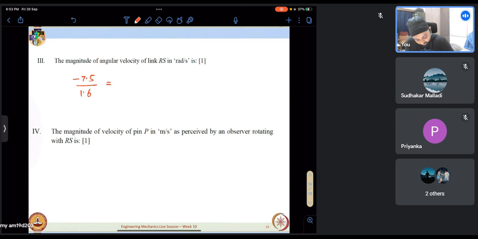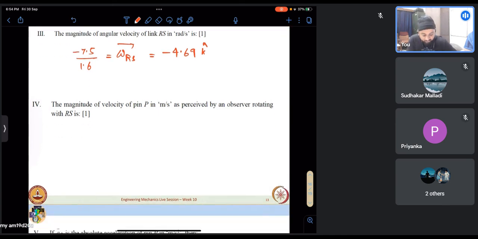This comes to omega RS, which is nothing but minus 4.69 k cap. So it rotates in the clockwise direction, and clockwise is negative because x cross y is out of the plane of the paper, even for this member.